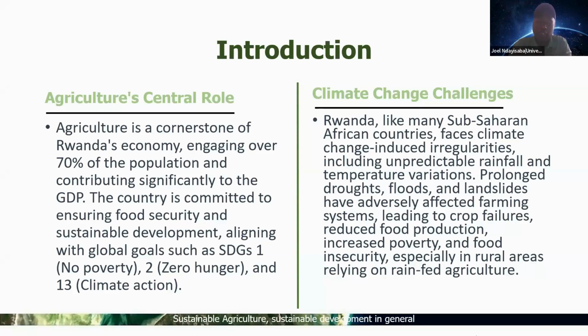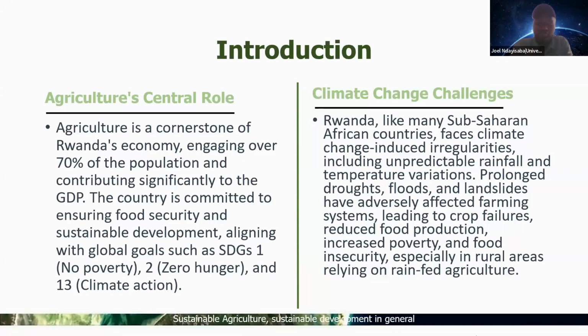In Rwanda, agriculture is the cornerstone of our country, where 70% of our population is contributing significantly to GDP. And our country is committed to ensuring food security and sustainable development with global goals such as the SDGs, where if agriculture is well maintained, there is no poverty.